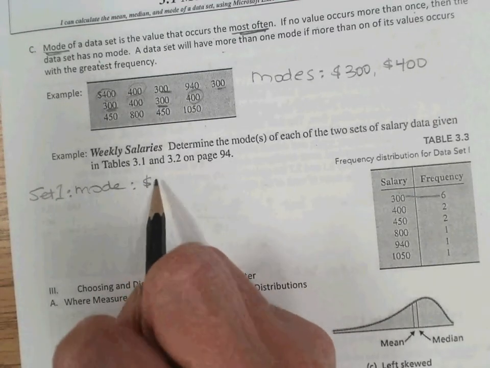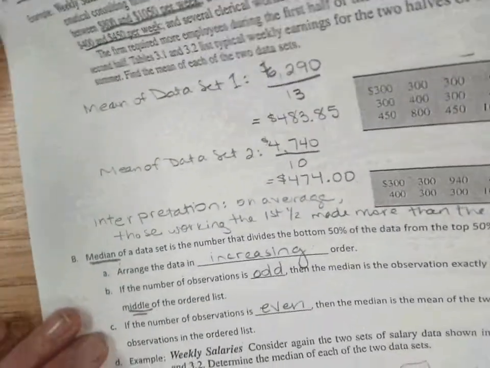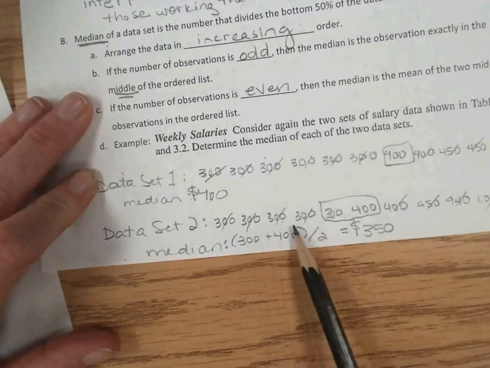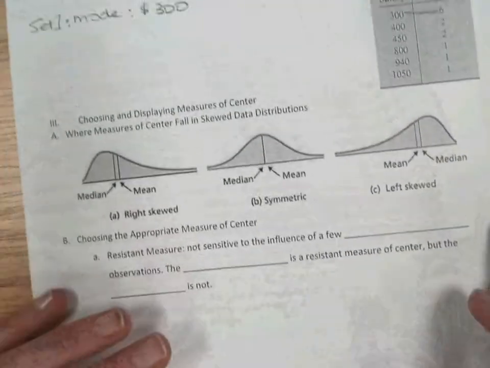Mode is $300. And then look back real quick for set 2. We've already written these in order, so it's again easy to see the mode is also $300 for data set 2.